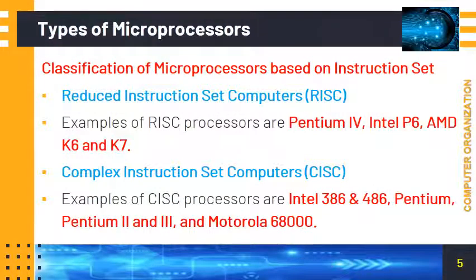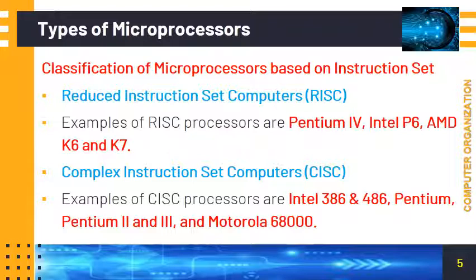Next, classification of microprocessor based on instruction set. Based on the size of the instructions, it is classified into two. For simple instructions, RISC is used, that is reduced instruction set computers. Examples of RISC processors are Pentium 4, Intel P6, AMD K6 and K7.